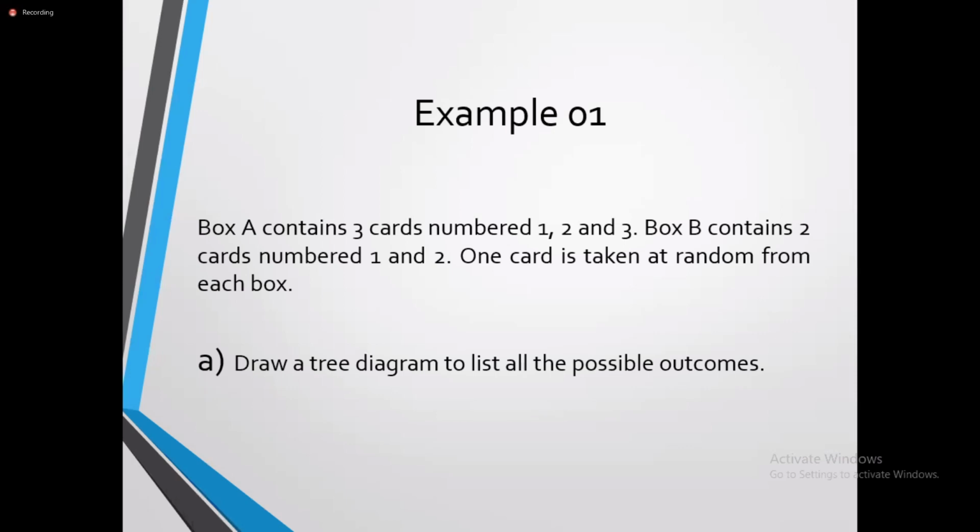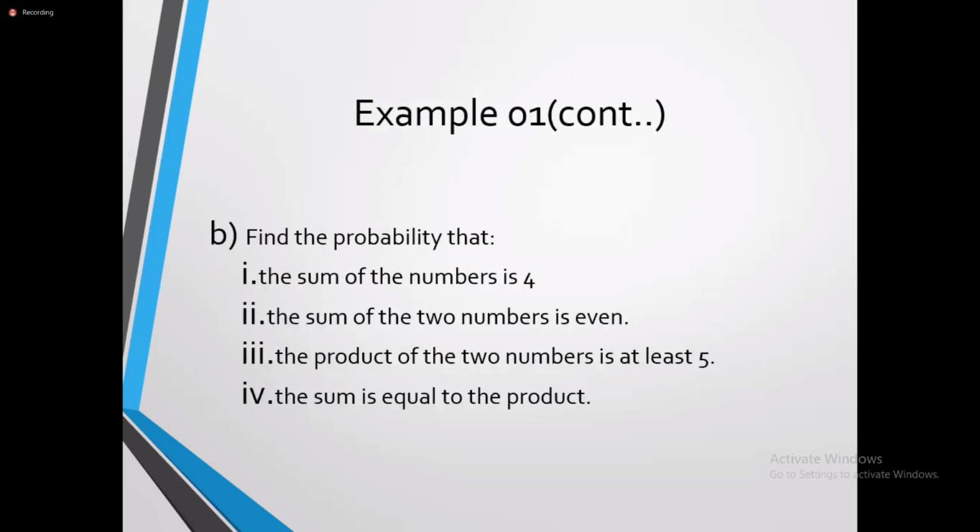After drawing a tree diagram, we have to answer these questions. We need to find the probability that the sum of the numbers is 4, the sum of the 2 numbers is even, the product of the 2 numbers is at least 5, and the sum is equal to the product. So first of all, we need to draw a tree diagram. Then we will be able to answer these questions by looking at the tree diagram, right?